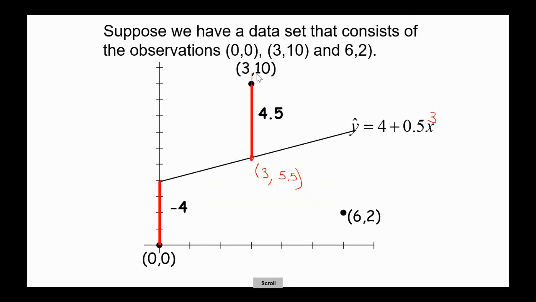So 4.5. And then I do my next point. I go from the line, which I've got to figure out what point this is on my line even. So let's plug a 6 in for x. And what would you get for this point? 6 and what? 7, that's right.